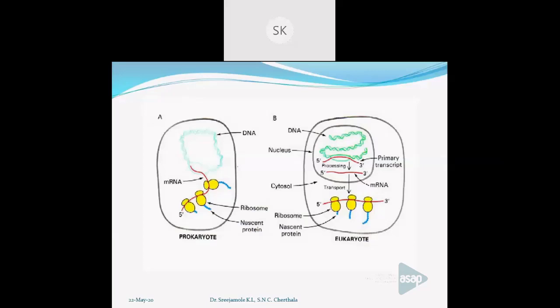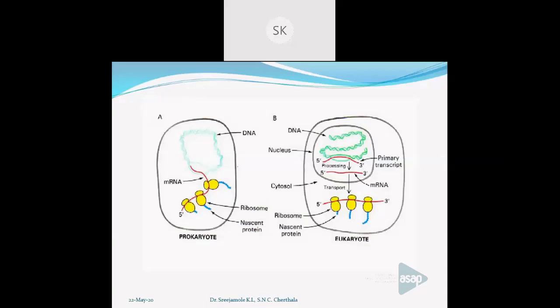Then the next question. How do the poly A tail and 5' cap function in translation? Poly A tail increases the process of translation because it helps in transporting the mRNA to the cytoplasm. Then only it gets translated.